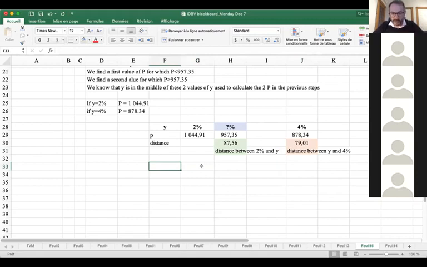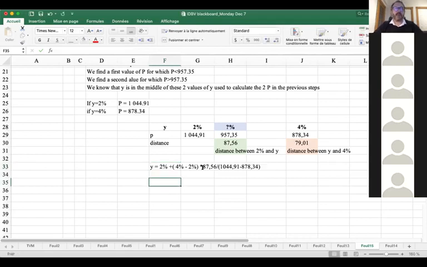The thing is, the y you have to find will be equal to 2% plus 4% minus 2% times 87.56 divided by 1044.91 minus 878.34.